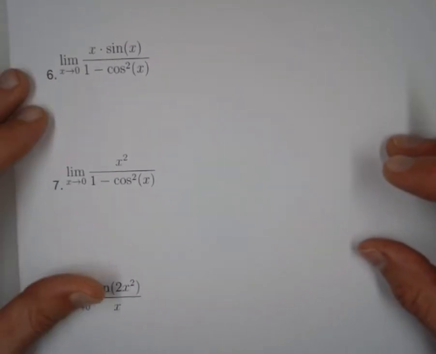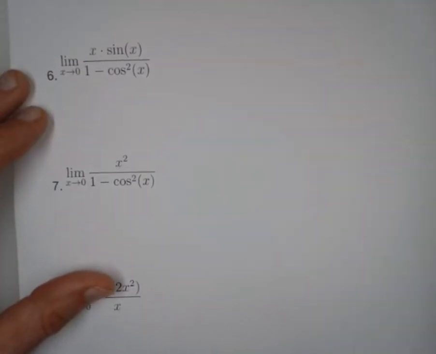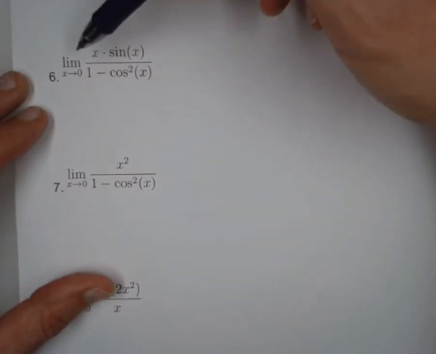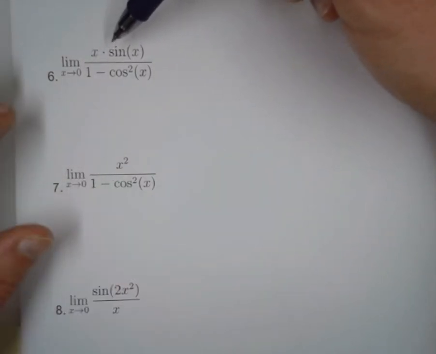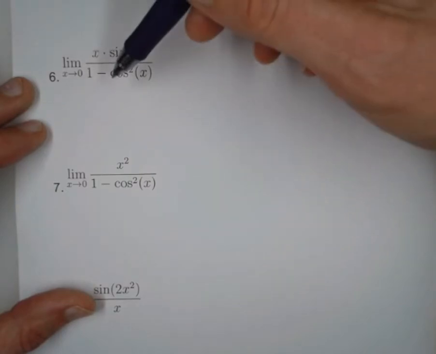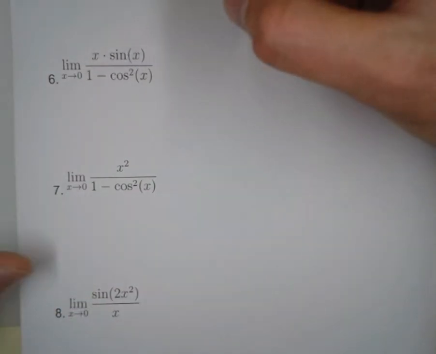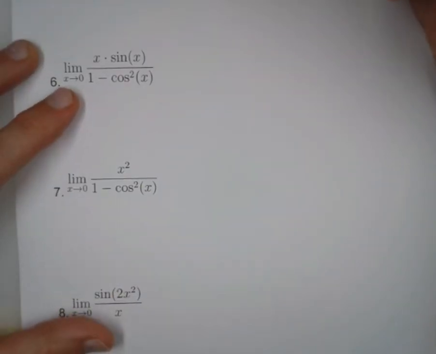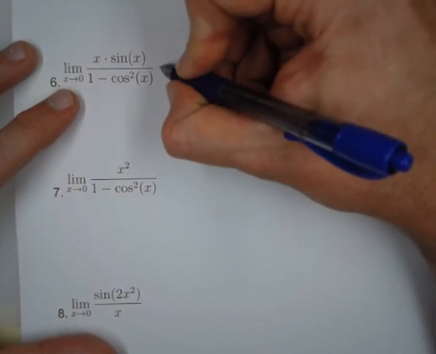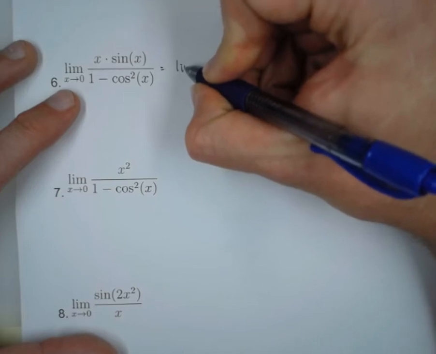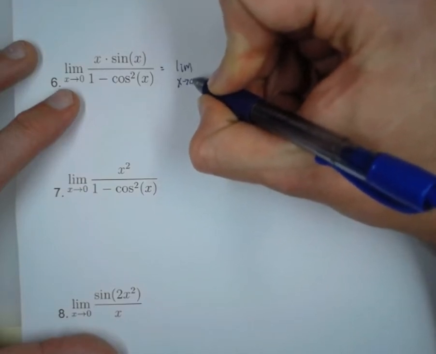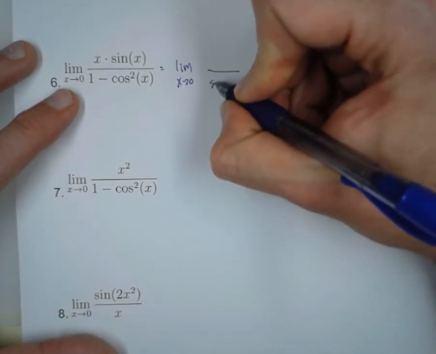For the next one, here I've got limit as x approaches 0 of x times sine of x all over 1 minus cosine squared. So what I'm going to do is I'm going to use a trig identity. And that trig identity says, well, this equals sine squared on the bottom.